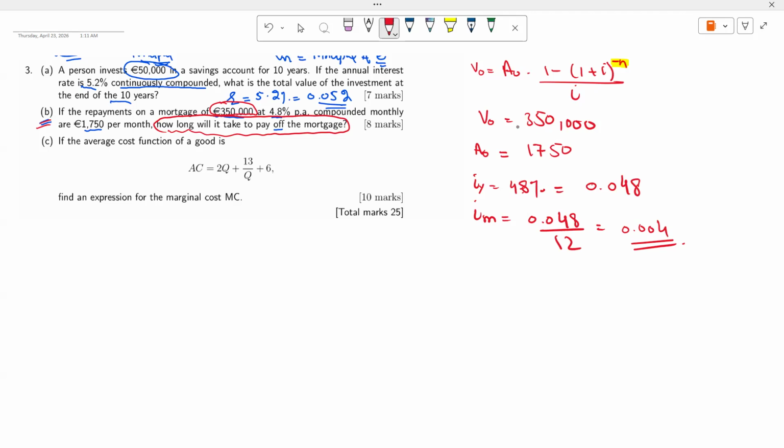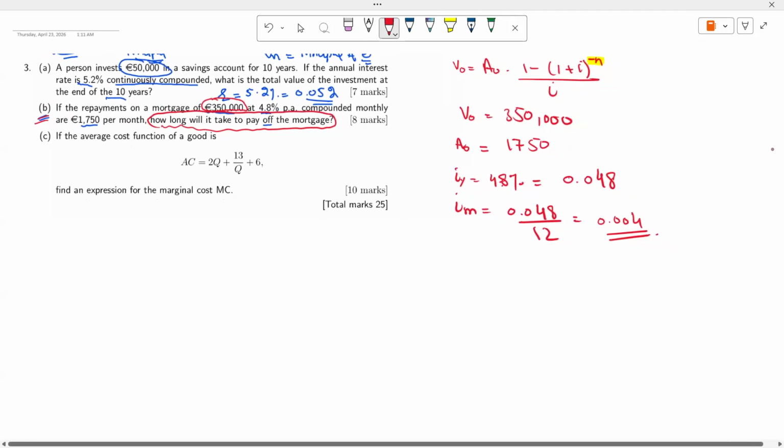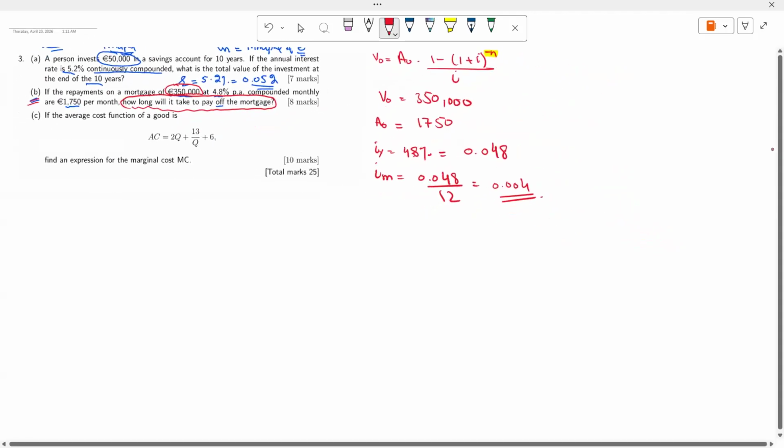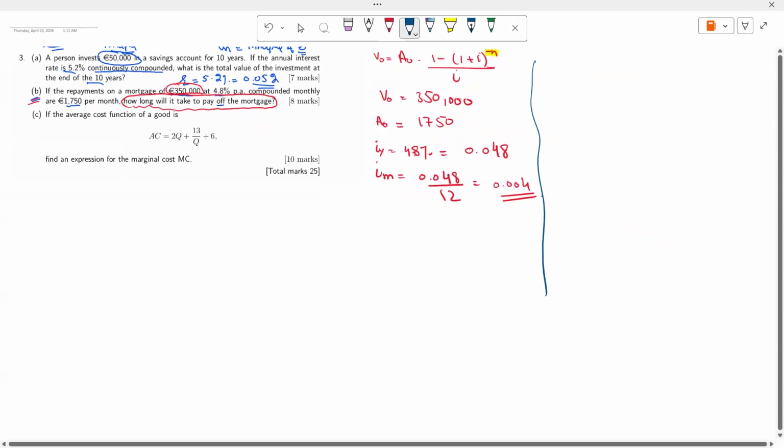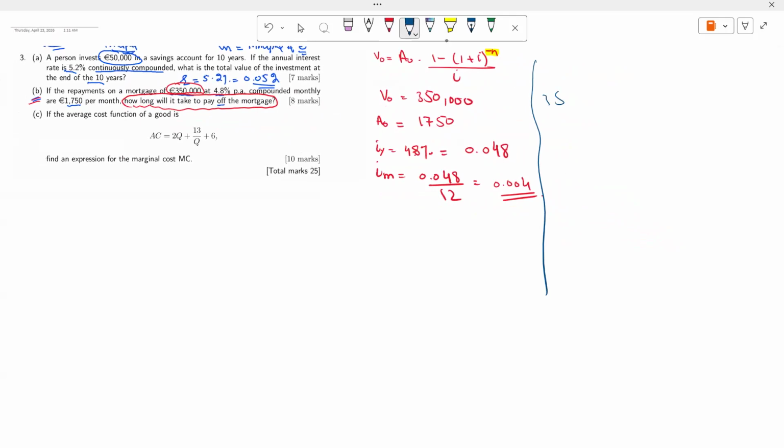Now I can simply plug in the values and calculate the period. So my V naught is 350,000, equal to A naught, which would be 1,750, times (1 minus 1.004 raised to the power minus n) divided by 0.004. Now here, the 0.004 is getting divided. If I take it to the left side, it'll get multiplied.